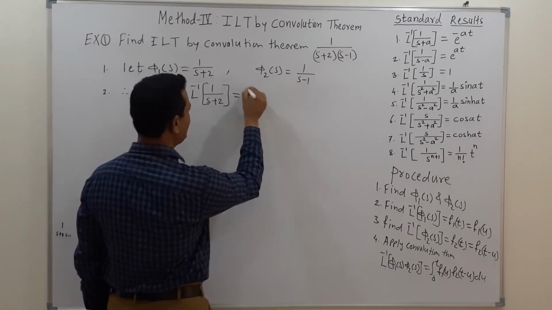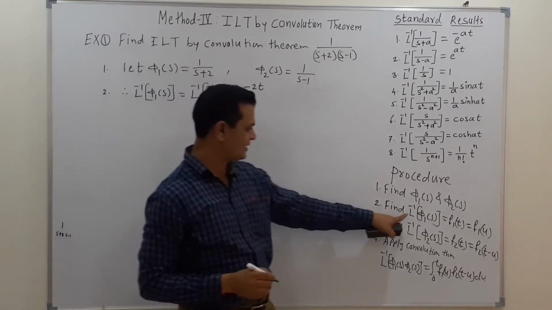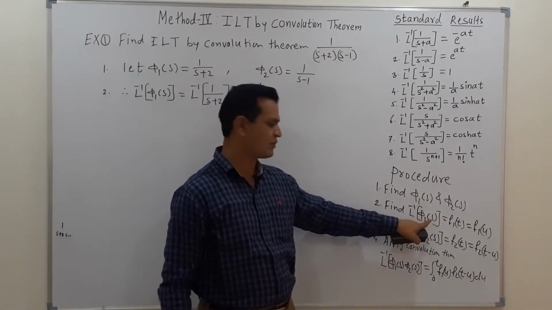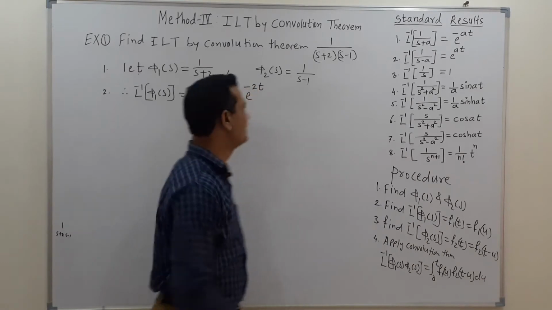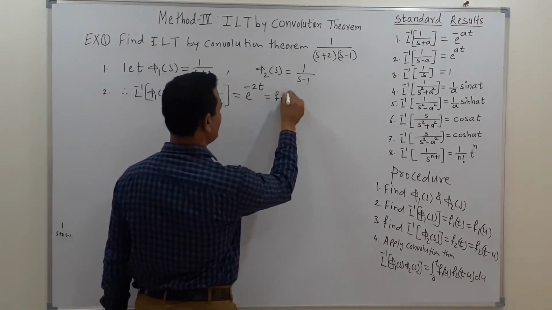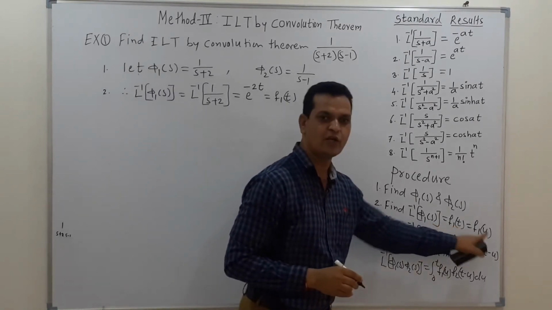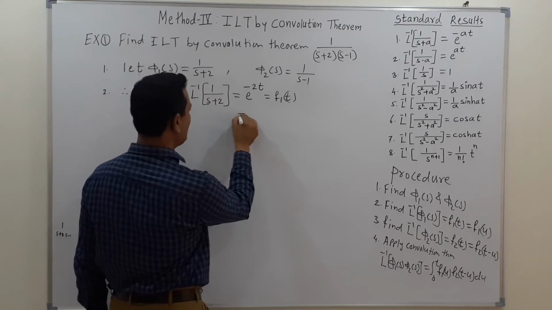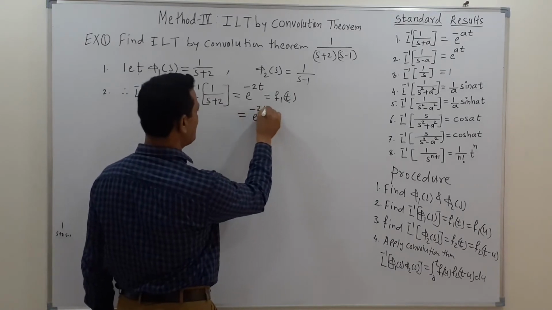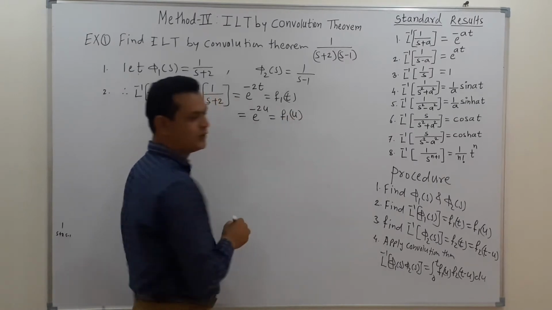So we can write this as e raised to minus 2t. So this theory part says that after finding the inverse Laplace transformation of phi 1, we get the first value, which is called f1 of t. Now replace t by u. So after replacing t by u, we get e raised to minus 2u. So this is the value of f1 of u.